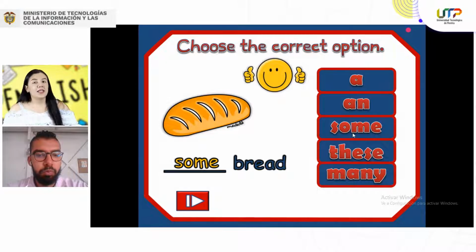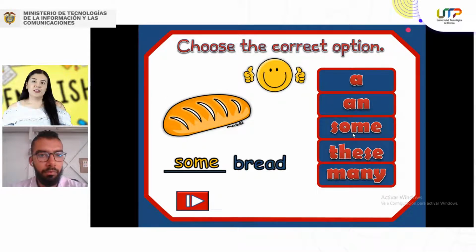Lo primero es que en inglés, ojo con esto, en inglés el pan es un sustantivo no contable, ¿sí? ¿Por qué? Porque es una regla del idioma y el pan, no podría yo decir un pan, 2 panes, sino que solamente podría contar tajadas de pan. Pero en este caso no hablamos de tajadas, sino del pan completo, es decir, es uncountable.